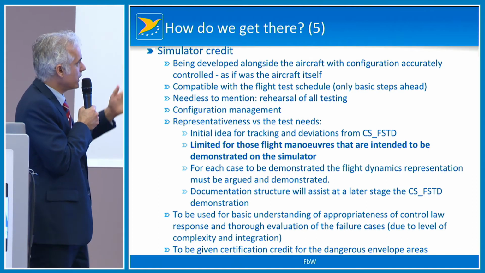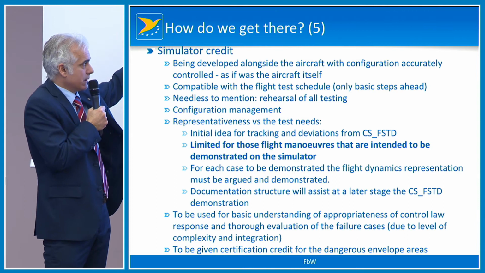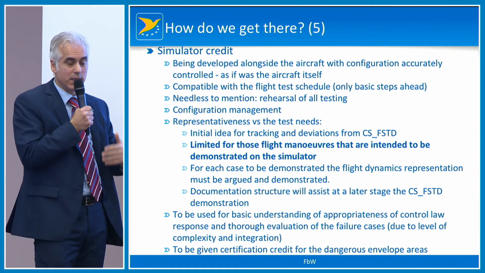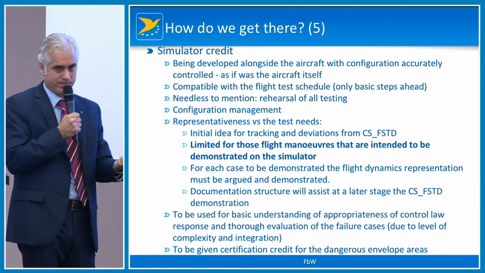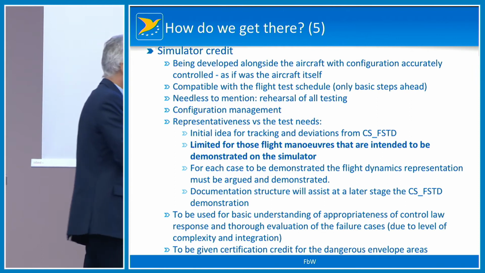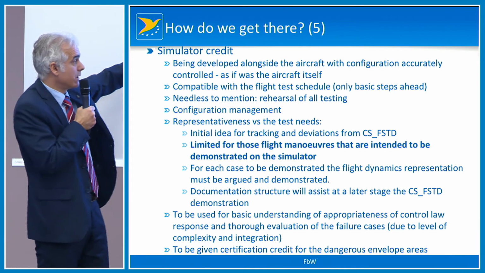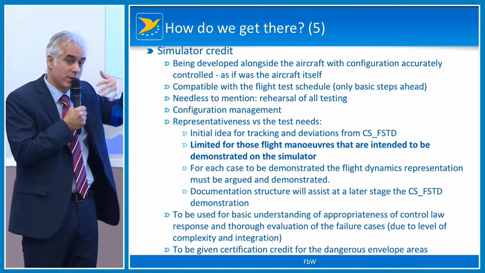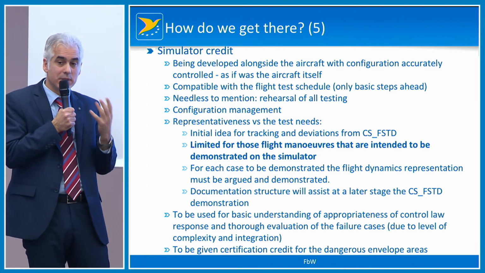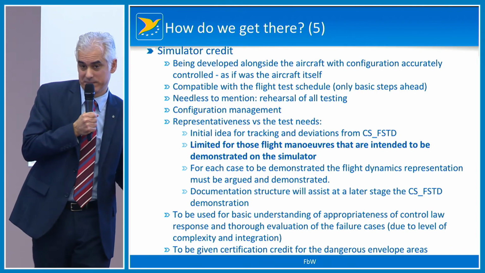So for each case, what we want demonstrated is that the flight dynamics representation has to be argued, has to be demonstrated. And the good thing is that if we follow the ideas of the flight standard group, essentially we will end up with a structure that is going to be very similar to what is requested in the CS-FSTD rule.